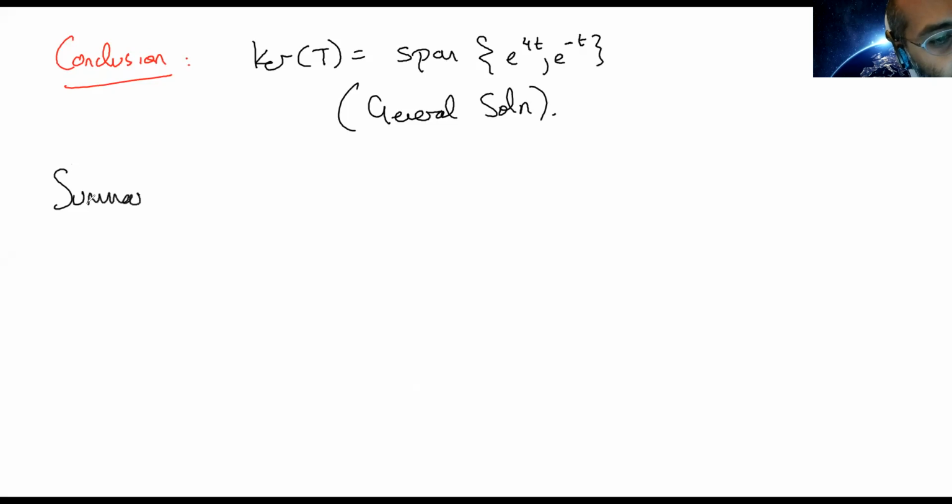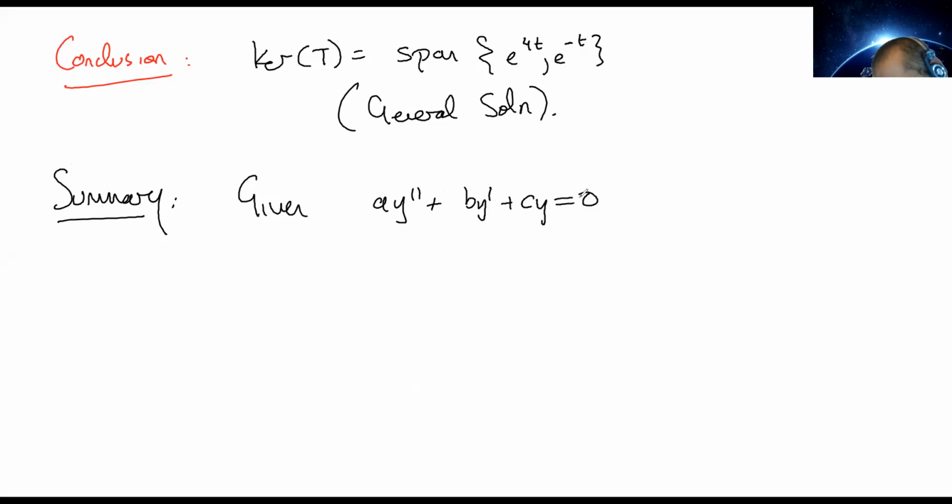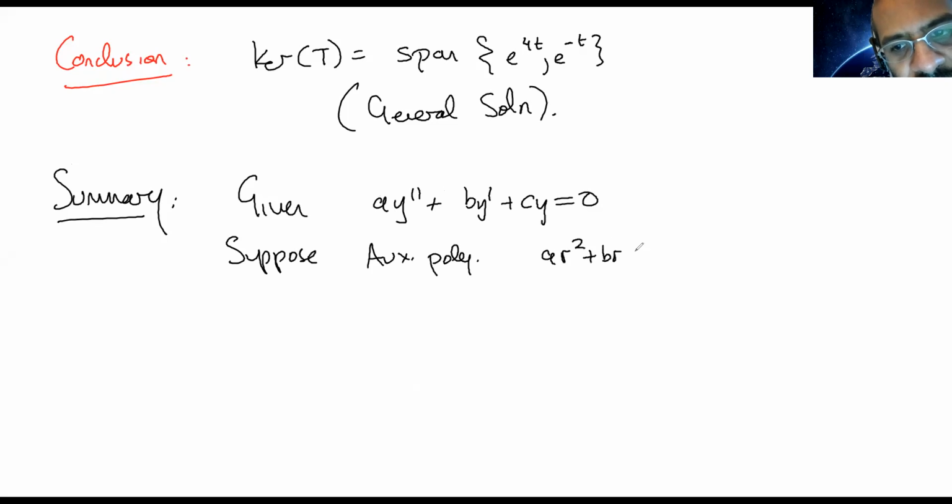So here's the summary. Given a y double prime plus b y prime plus c y equals 0, suppose the auxiliary polynomial a r squared plus b r plus c factors as a times (r minus r1) times (r minus r2) for distinct real roots.